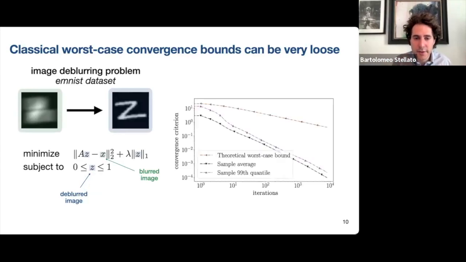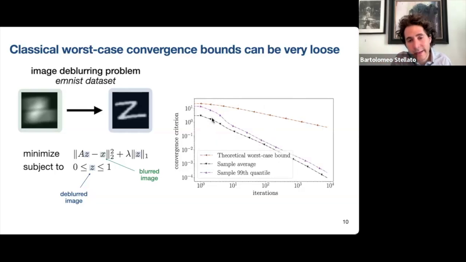And if you solve this problem, in general, I get this behavior here. I get the convergence criterion on the y-axis, and then on the x-axis I have the iterations that happen. And then you can see that the brown line is the theoretical worst-case bound that I obtained using the theory that I talked about in the previous slide. And then the black line is the sample average across this distribution of instances. I take the average behavior of my convergence criteria, which, as I talked about, could be the fixed point residual.